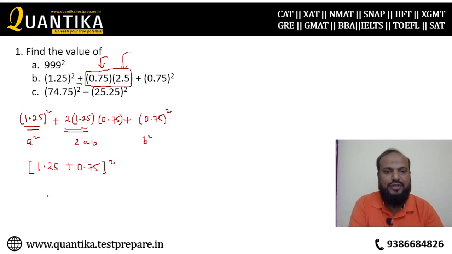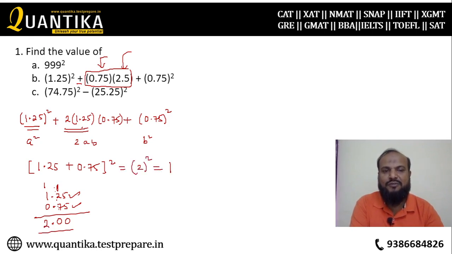Now what will happen if we add 1.25 and 0.75? You know that 5 plus 5 will become 10, 1 carry over, 7 plus 2 is 9, plus 1 is 10, 0 carry over, 1 plus 1 is 2. So this will become 2. So this is actually the square of 2, which is 4.